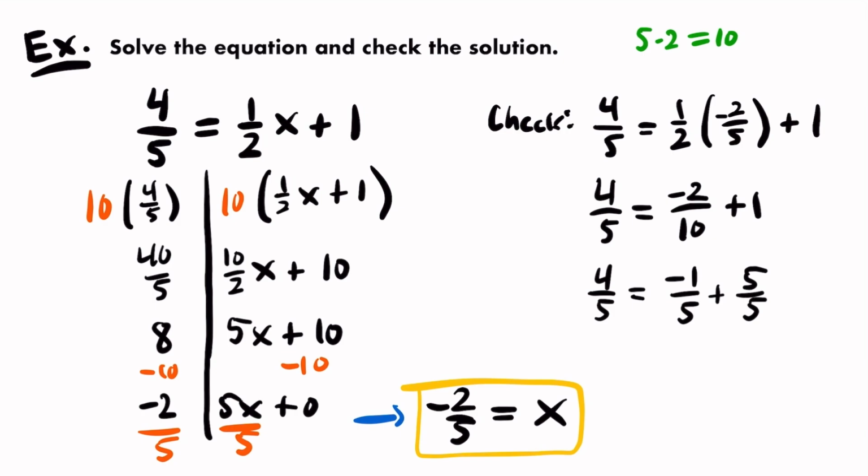So we have 5 divided by 5. Any number divided by itself is 1. But then adding these two fractions, since they now have a common denominator, negative 1 plus 5 is 4. So you get 4/5 equals 4/5, which checks out. That is a true statement. And so x equals negative 2/5 is the solution to this equation.